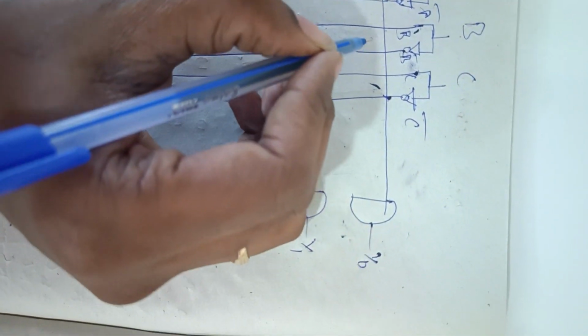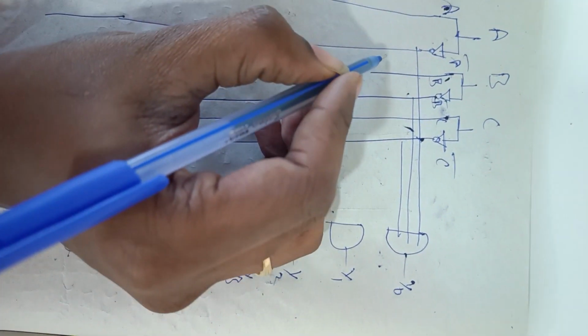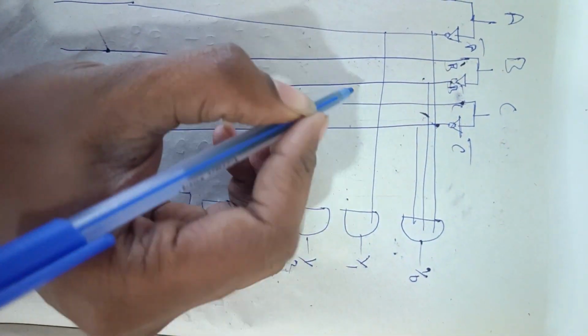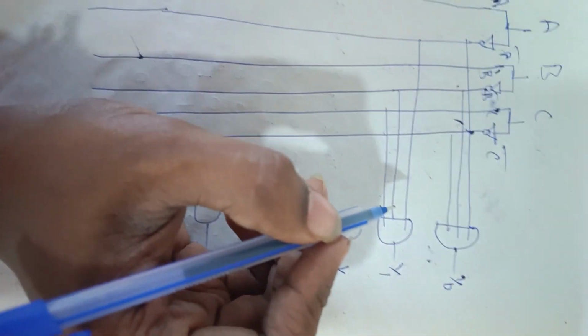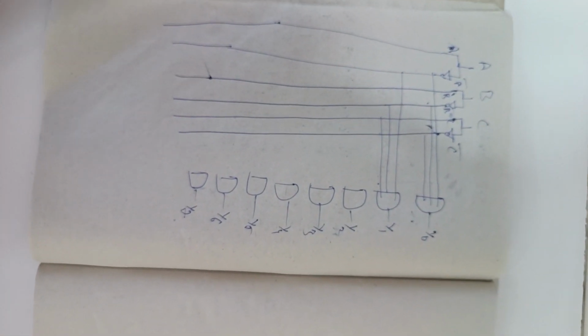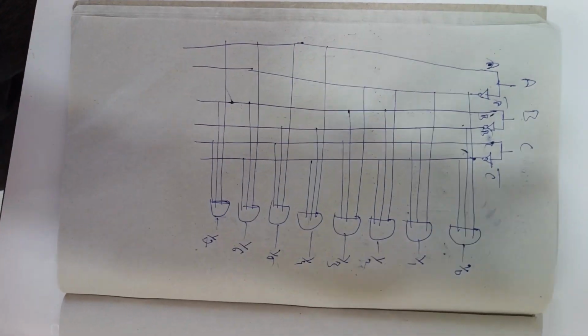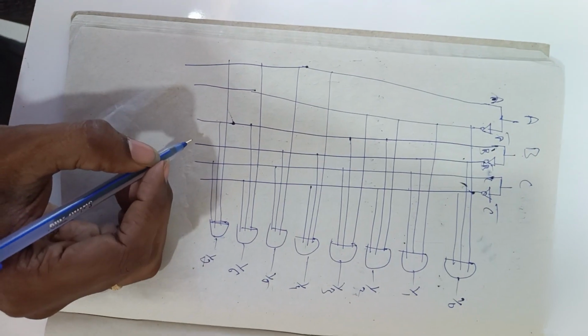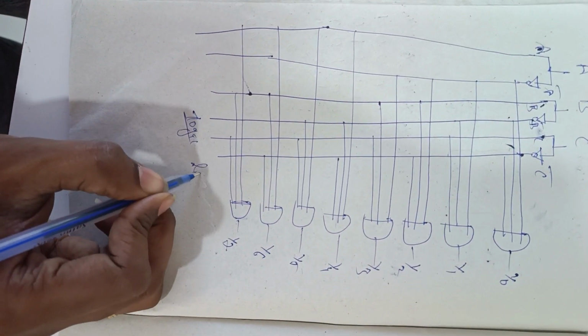In the same way for y1, a bar, b bar, c. So in this way all the AND gates will be connected to the inputs. So let us draw all of them. Here is the logic diagram for the 3:8 decoder.